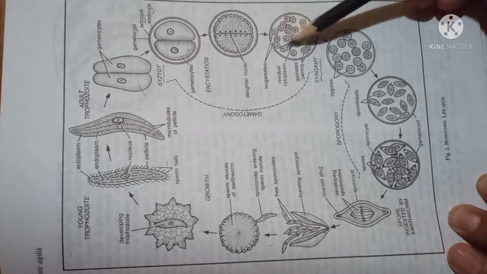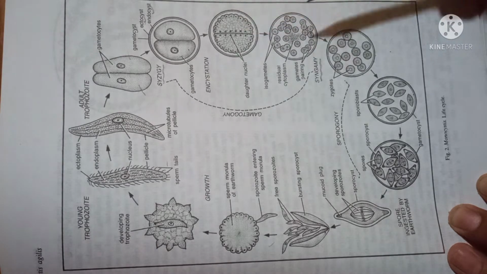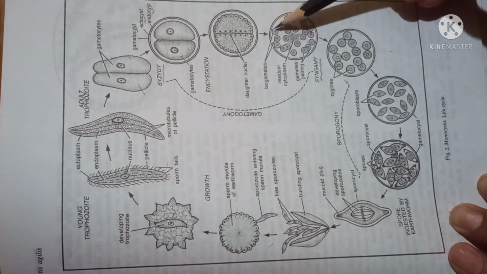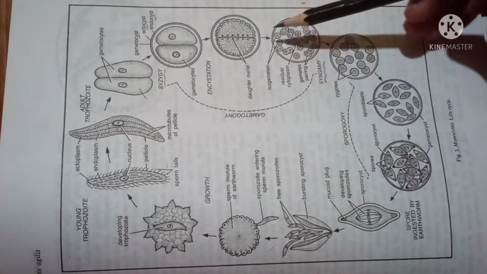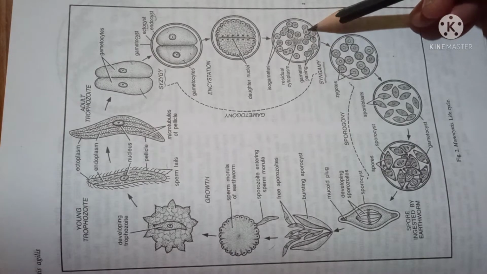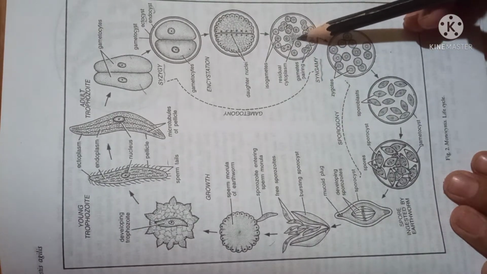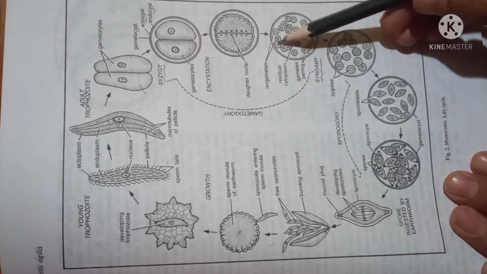The gametes are the large gametes, which are known as macrogametes, or some are the small gametes, which are known as the microgametes.